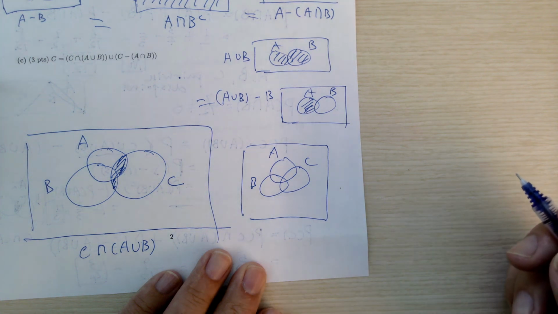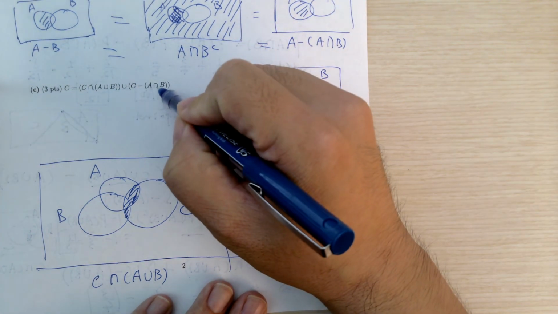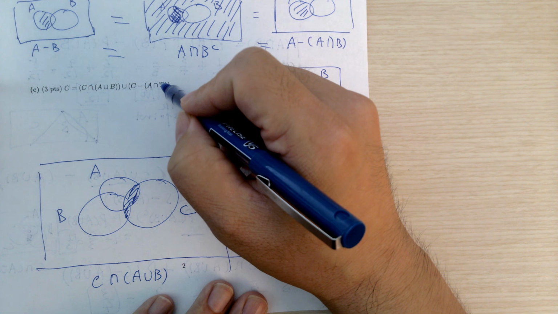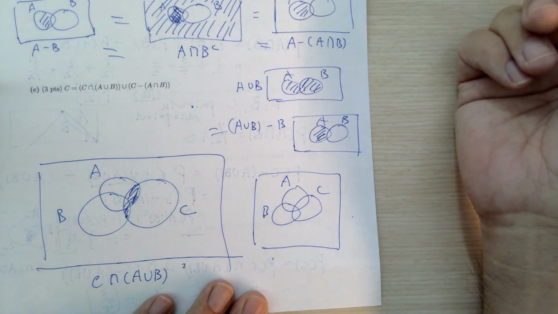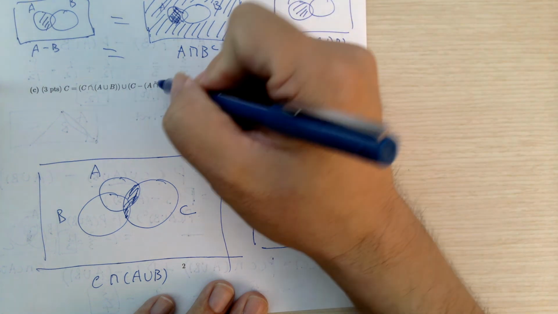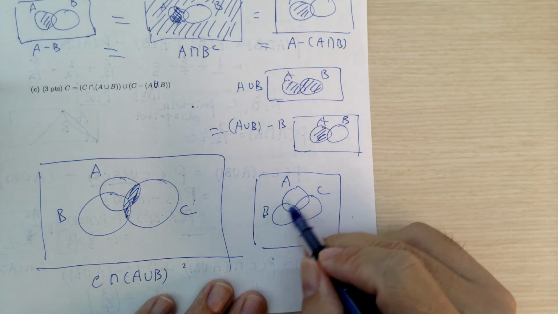I think there should be something wrong here. I apologize, I think there's an error here. So this part should be A, let me see, A intersect B. Yeah, I think this part should be union. So A union B is right here.